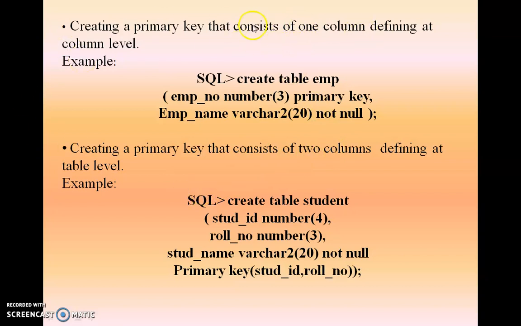While declaring the primary key at column level, we specify the primary key constraint after the column definition. If we define the primary key at table level, then after the declaration of all columns of that table, we define the primary key, as shown in this example.